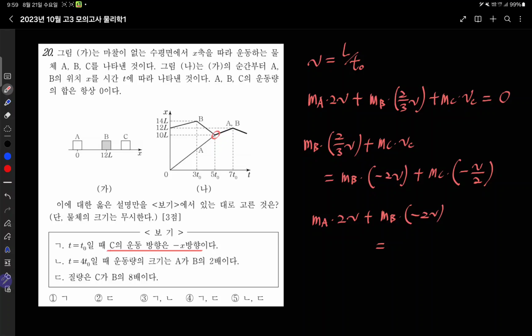And after collision, they move together, and the velocity is 2L divided by 2 times t0. That's V.